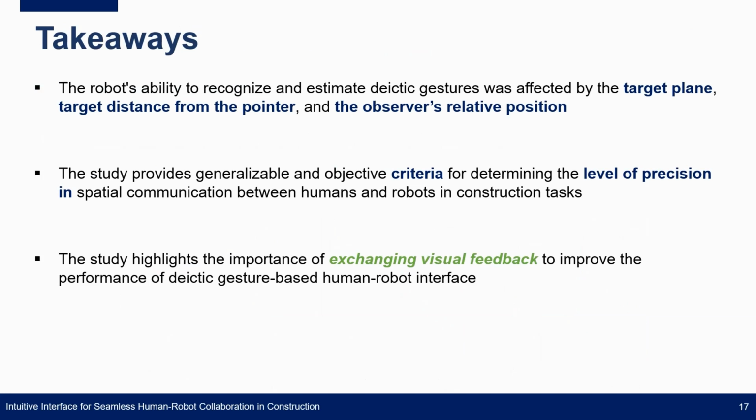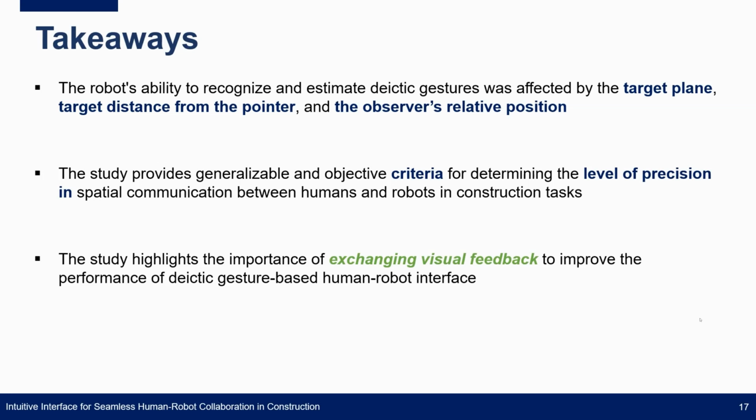The robot's accuracy in interpreting the human's directed gesture was greatly affected by where the target is, how far that target is, and how far the robot is positioned from the humans.